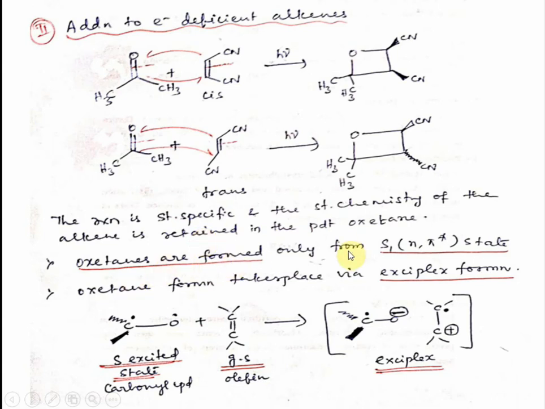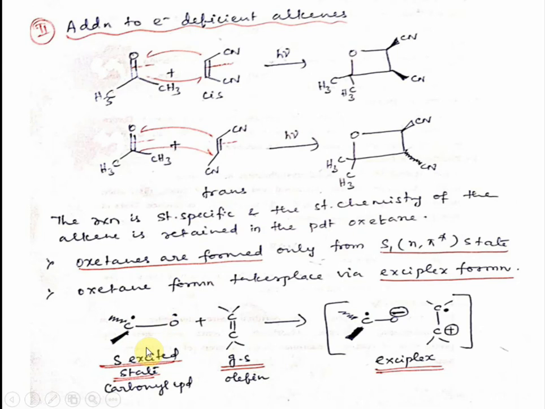Oxetanes are formed only from singlet excited state with the n to pi star transition. The oxetane formation takes place via exciplex, that is, the ketone will be in singlet excited state. First, the homolytic cleavage will occur. Carbon will have one electron, oxygen will have one electron.